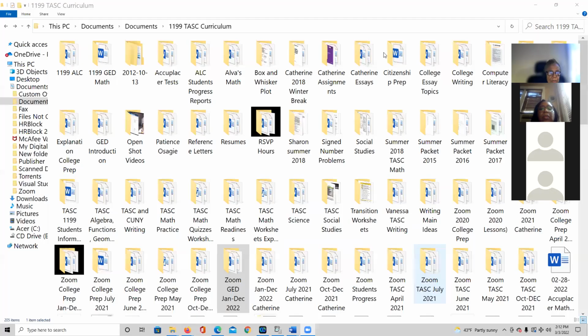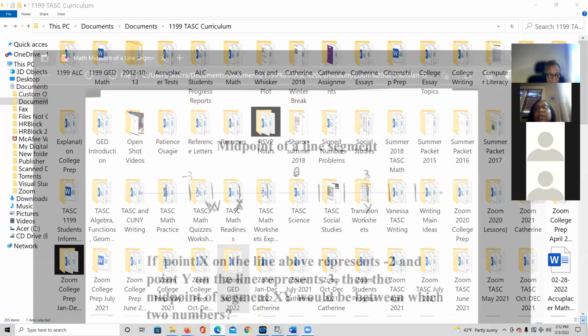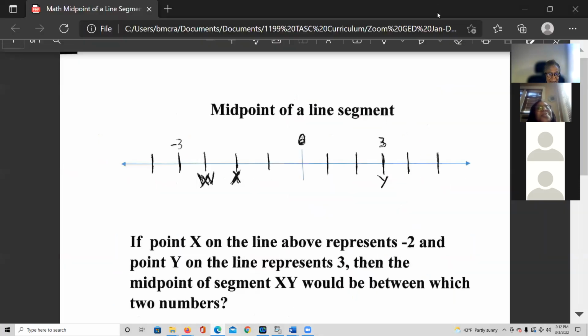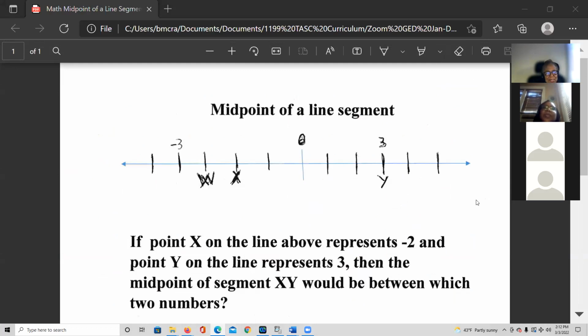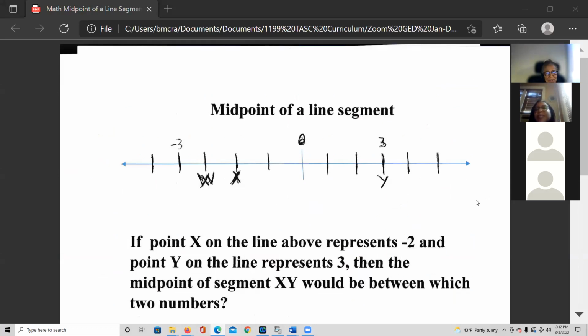Is it open in the back? I can see it when I do the share, but then they don't see it. We're actually seeing all your files. I know. I'm taking that out. Now do you see it? Yes, midpoint of a line segment. Okay. I had to go and do a new share to get it up.